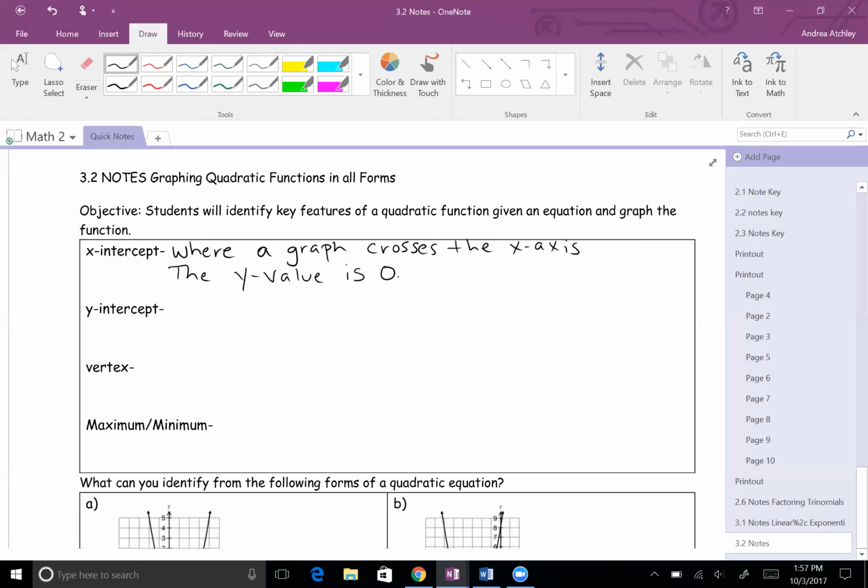So then the y-intercept is where your graph will cross the y-axis.